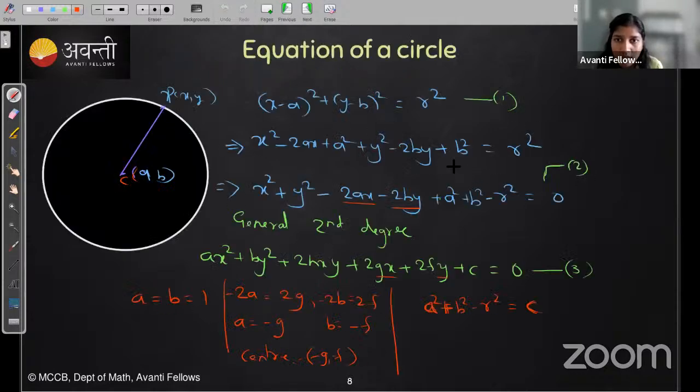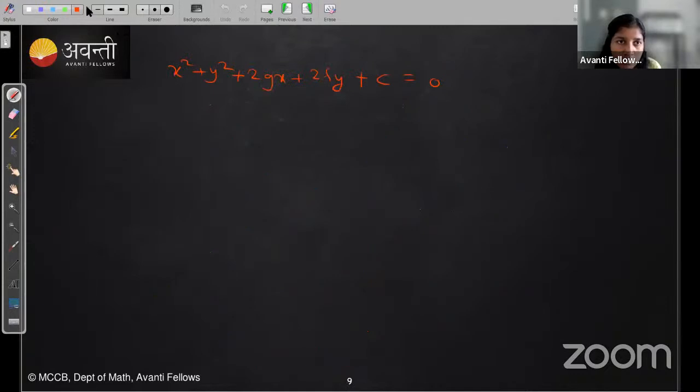In the place of a square plus b square minus r square, I'm replacing it with c. So this is nothing but the general second degree equation of a circle. I can write it as the general form of a circle.